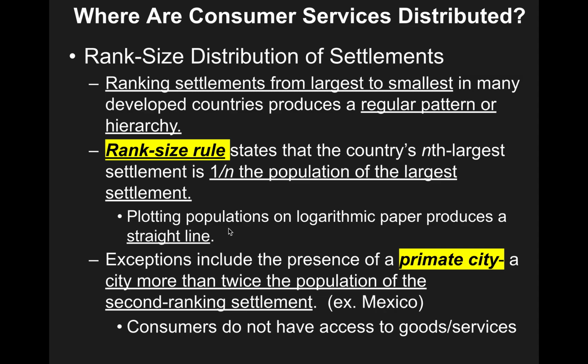And if they don't follow the rank size rule, they're going to be seen as primate cities. In primate cities, the largest city has more than twice the population of the second largest city. An example would be the primate city of Mexico City, which is 10 times larger than the fifth largest settlement of Toluca.